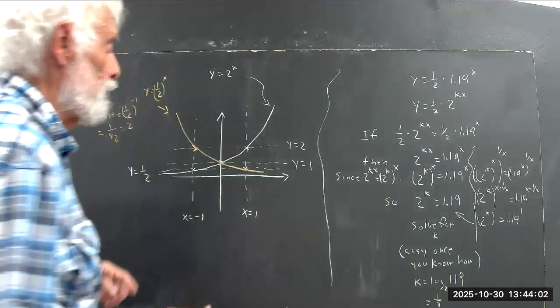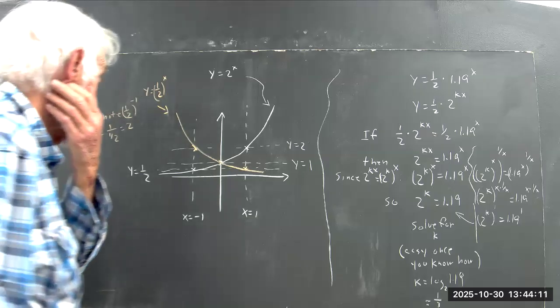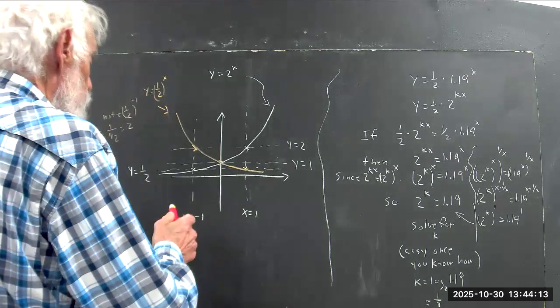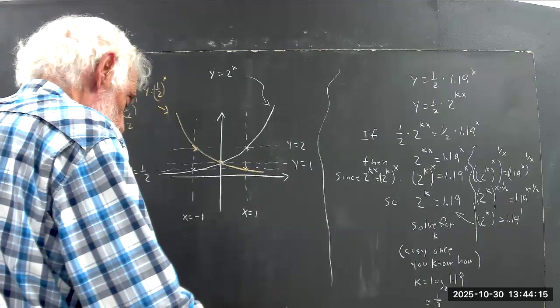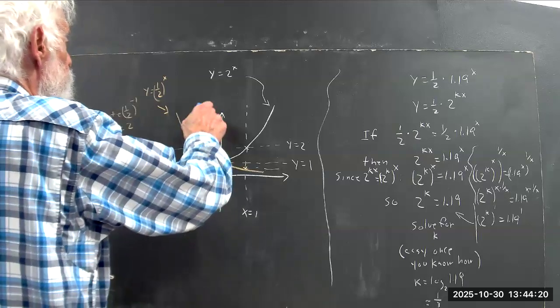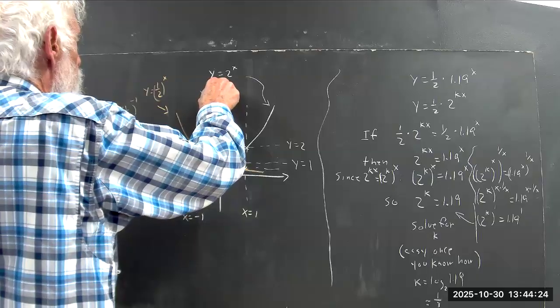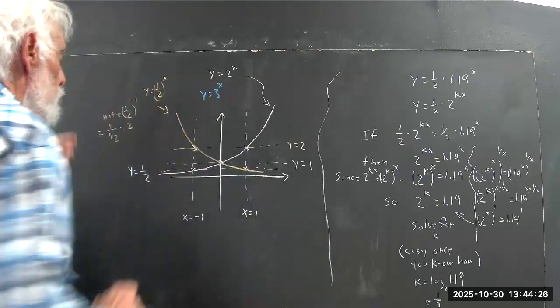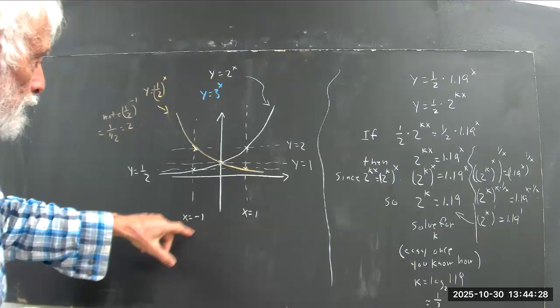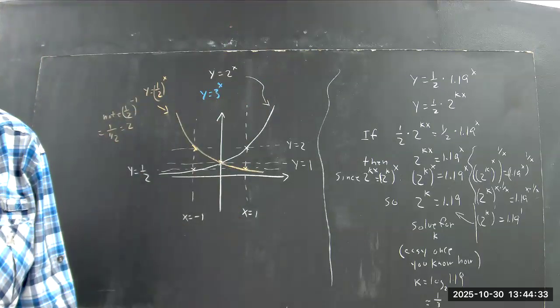What if we wanted to do 3 to the x? What would be different? What would you do with this graph to make 3 to the x? Well, if we want to do y equals 3 to the x, I'll put that in a different color. We can just look at the value at -1, 0, and 1, and we get a real good picture of the function.